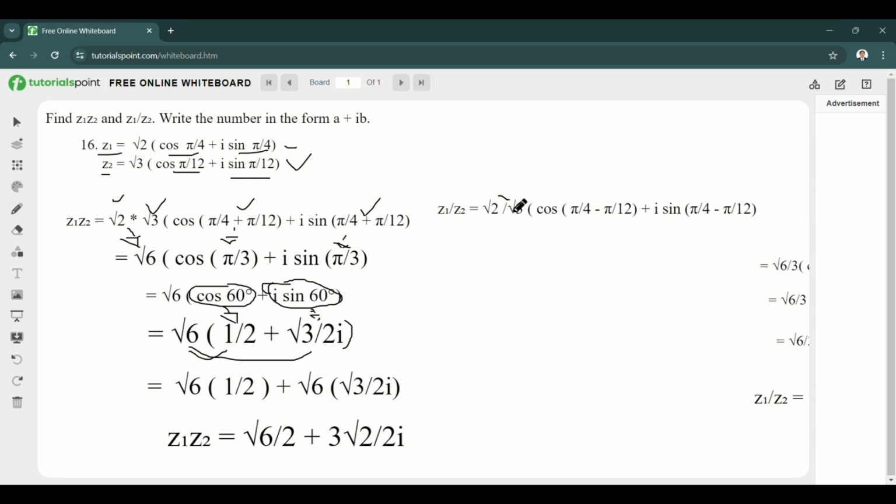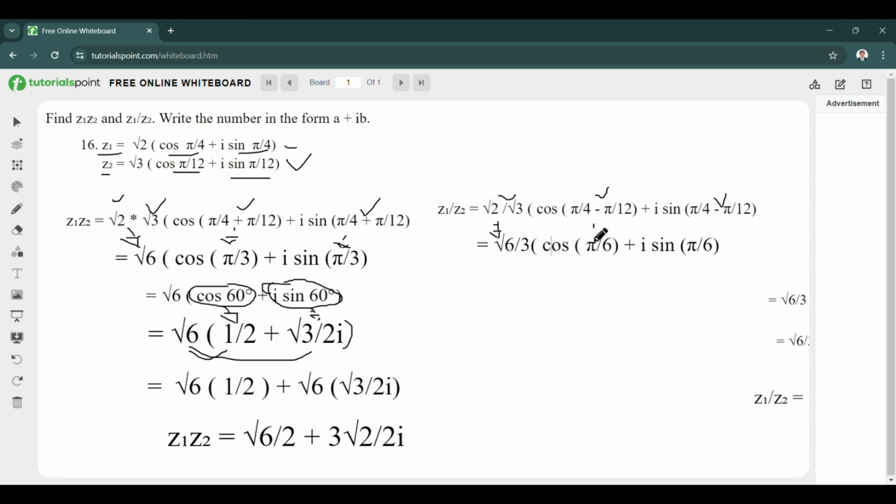Then next, we will do the division, the quotient. So we will divide square root of 2 by square root of 3, and we will subtract those values for the sine and cosine because we're doing the quotient. So by evaluating those numbers, we'll have this: the square root of 6 over 3, which comes from here.